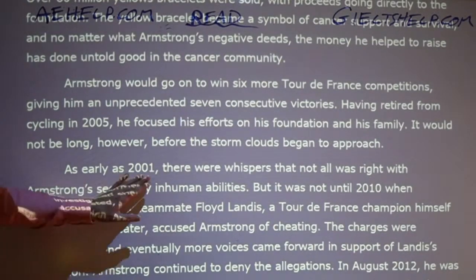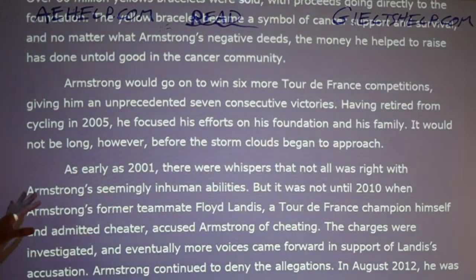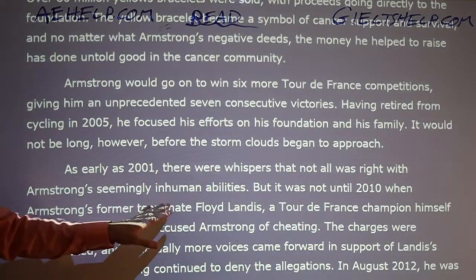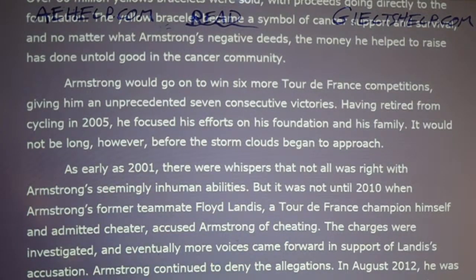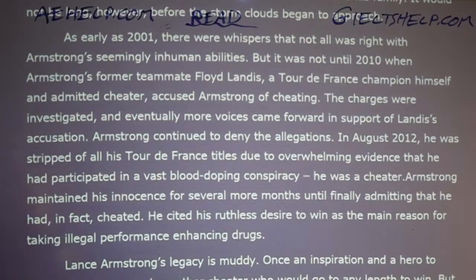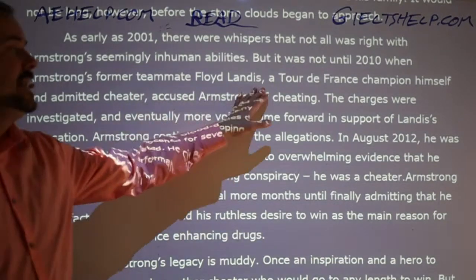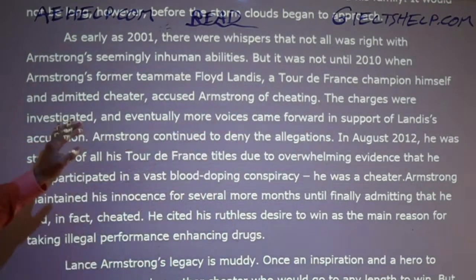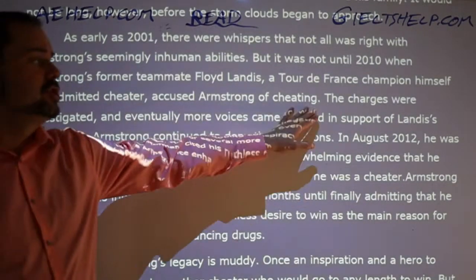As early as 2001, there were whispers that not all was right with Armstrong's seemingly inhuman abilities. But it was not until 2010 when Armstrong's former teammate Floyd Landis, a Tour de France champion himself and admitted cheater, accused Armstrong of cheating.